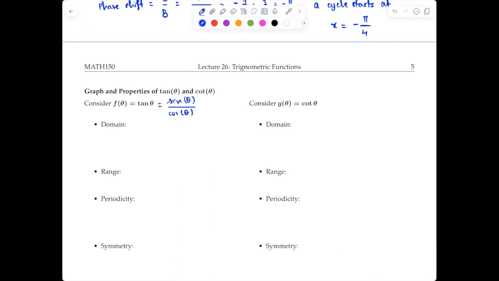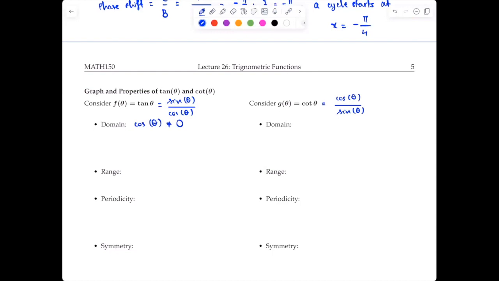Tangent of theta is equal to sine of theta over cosine of theta, and cotangent of theta is equal to cosine of theta over sine of theta. When you have a fraction, you don't want 0 in the denominator. For the domain, you want to solve for theta such that cosine of theta is different from 0.